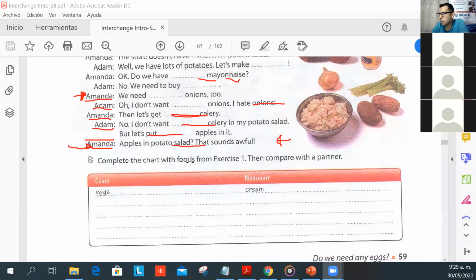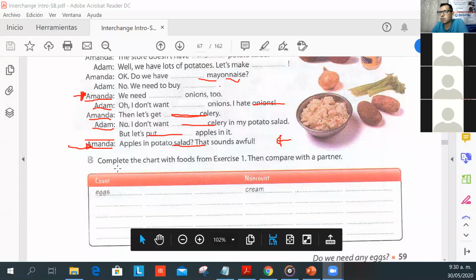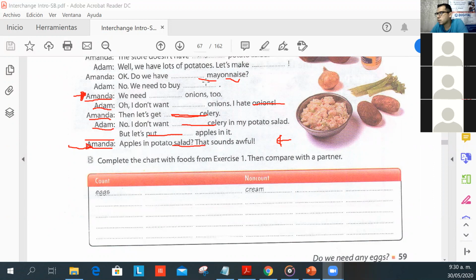So please complete the whole conversation and then complete this table here with foods from exercise 1, okay? The ones that are countable and non-countable. So you fill this in here. I'll give you 6 minutes to complete this exercise.